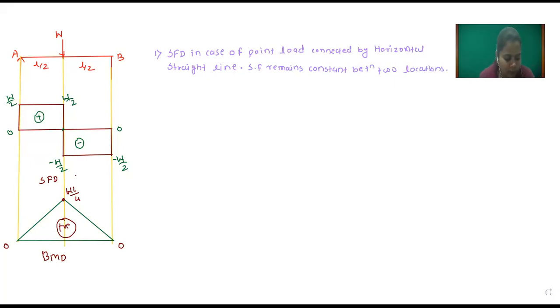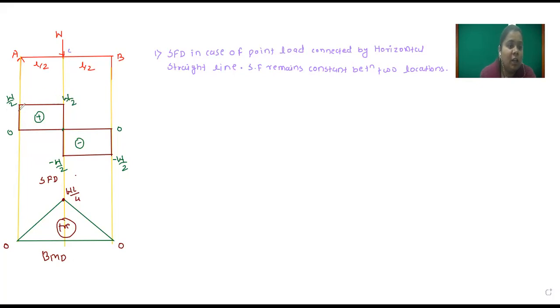Okay, so our first observation from this shear force diagram: shear force in case of point load. You observe here, shear force in case of point load is connected by horizontal lines. From point A to point C, the shear force at A and the shear force at C have been connected by a horizontal straight line, and shear force remains constant between two locations.